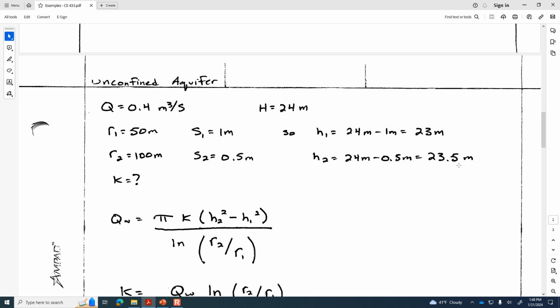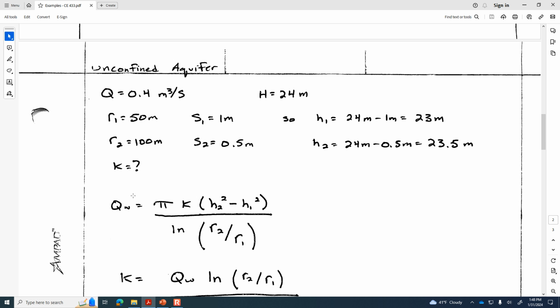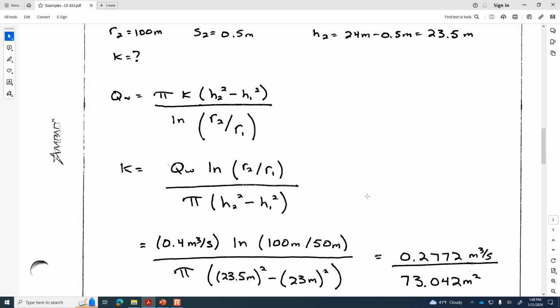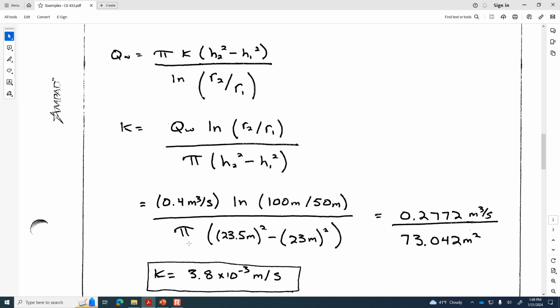Then we do the algebra, isolate K instead of flow rate, Q. So rearranging that formula to solve for K and then substituting in everything we know. I've got all my units written there. Do some intermediate steps. 3.8 times 10 to the minus third meters per second. Okay, so that's the hydraulic conductivity.